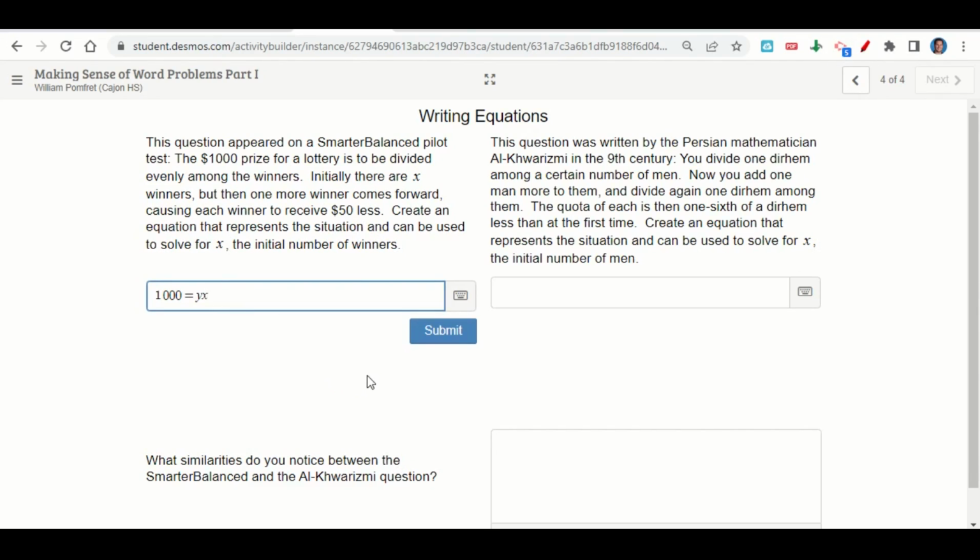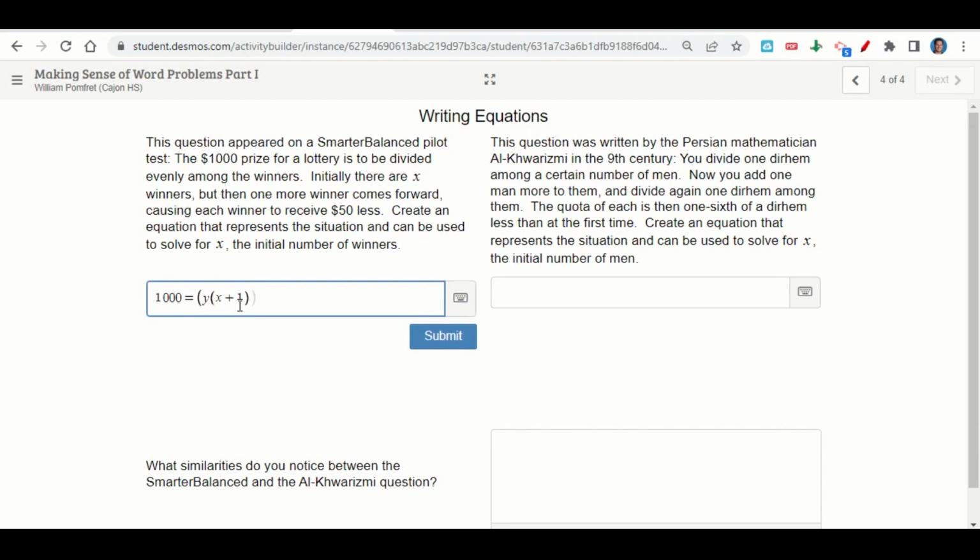So we know that the X is the initial number of winners, and we're going to add one winner to it. And we know then that the amount of money received was initially Y, but once we changed it and added one more winner, it ended up being $50 less. So our equation should look something like this.